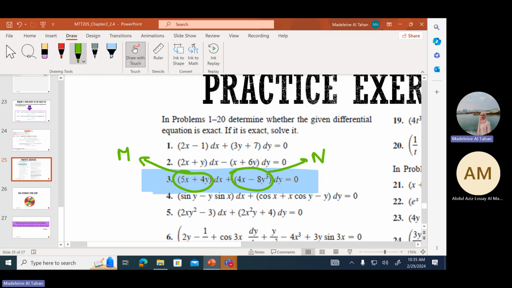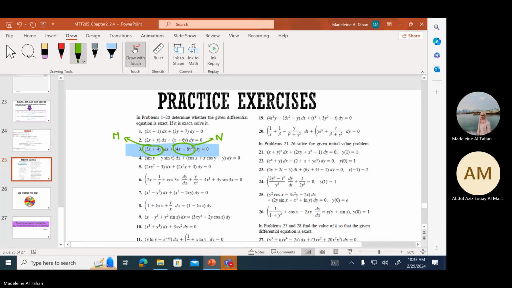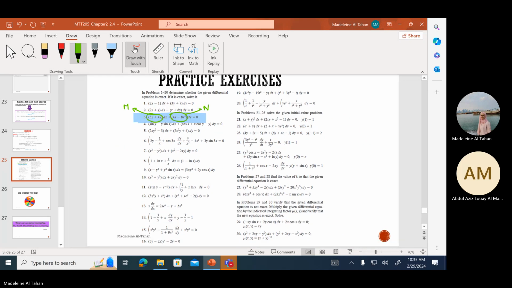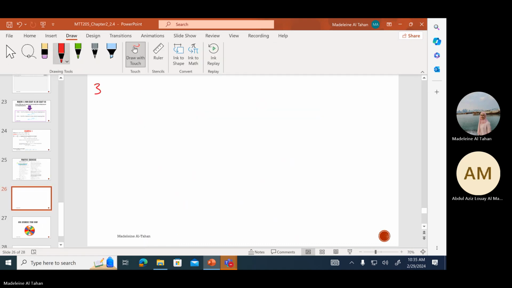So the first step regarding exactness, did all of us make it, miss? So what was the question, miss? Please give it to me again. 5x plus 4y dx plus 4x minus 8y cubed dy.